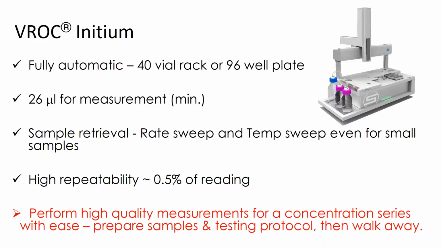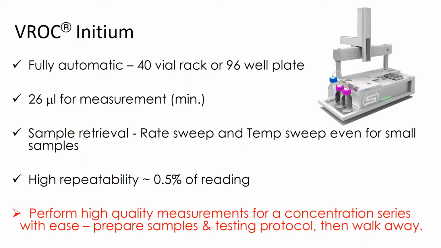Now the initium, our latest instrument, combines this VROC technology and also adds the convenience of an automated sampling system where you can use anywhere from 40 to 96 samples at a time. The minimum sample volume required is only 26 microliters, and because of this flow-through system, you can retrieve samples if you need to. As with all the VROC technology, we have rate sweep and temperature sweep options, and there's very high repeatability with this instrumentation.